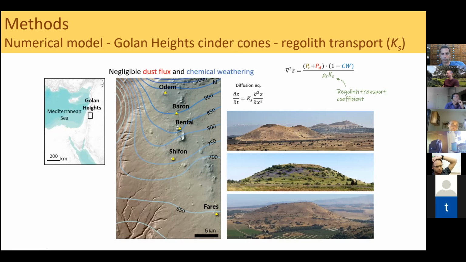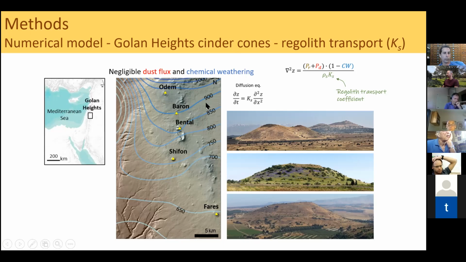The reason we did that is that in the Golan Heights, first, we eliminate the influence of dust, because there's very little dust, and the little that there is is invariant, so we can ignore it.